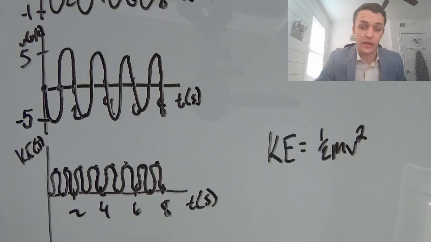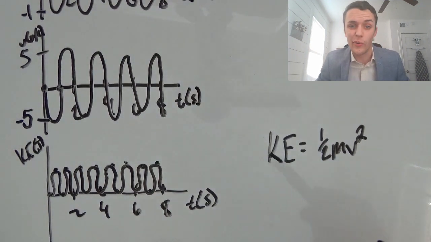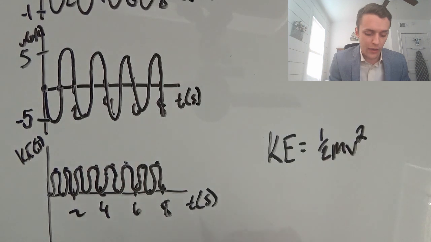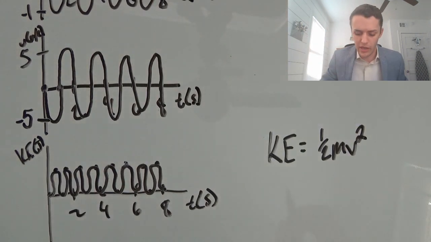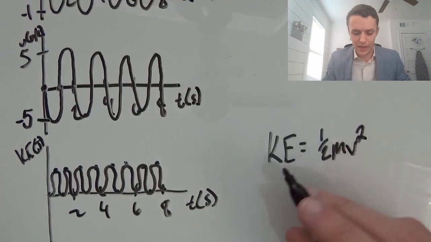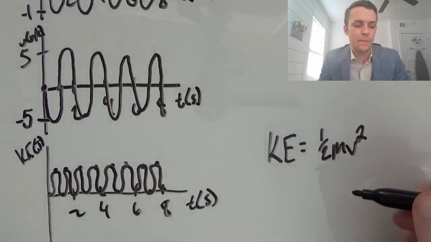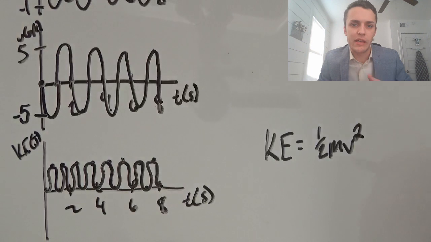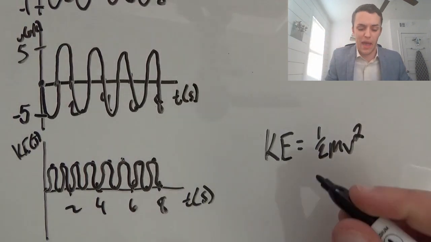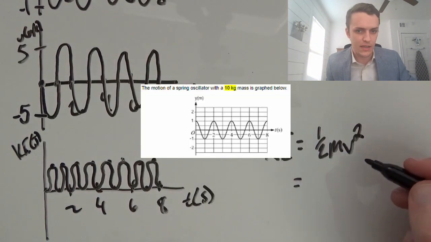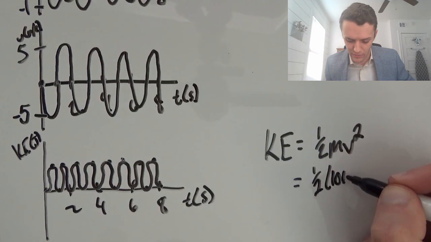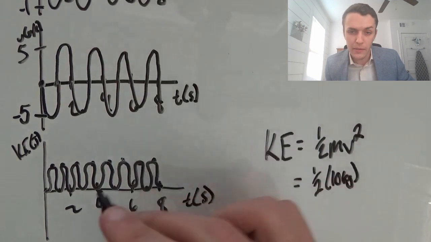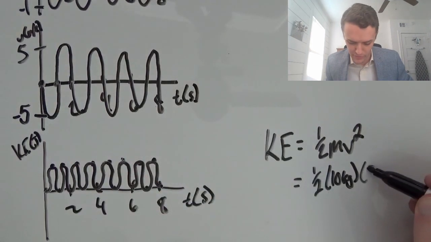Now we have to figure out kinetic energy. Again, it doesn't care what direction it's at, but our maximum kinetic energy happens at our maximum velocity. So if we take our kinetic energy formula, we can plug in our maximum velocity and find maximum kinetic energy because we're given a mass. So our mass, it says, is 10 kilograms. 1/2 mass, which is 10 kilograms, times our maximum speed squared, which is 5 meters per second.